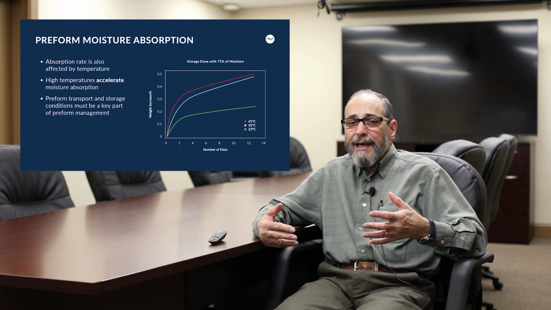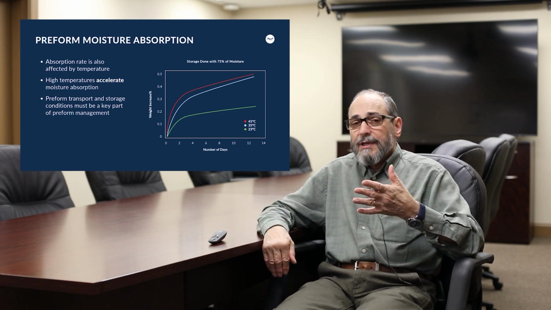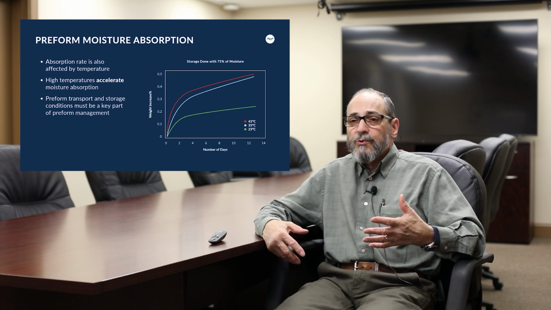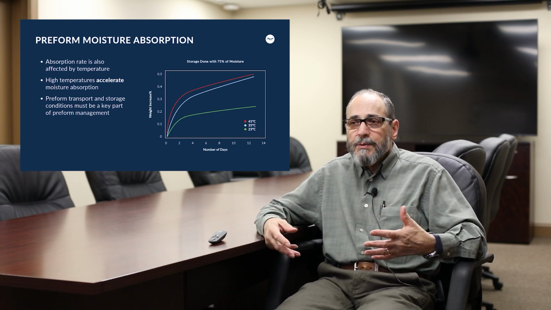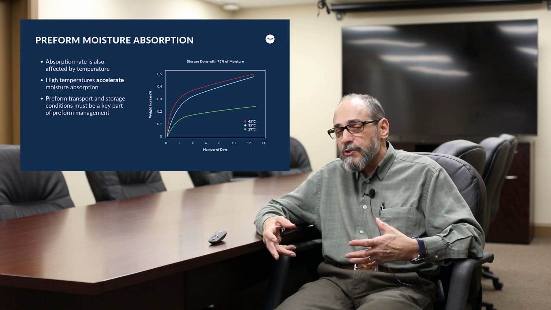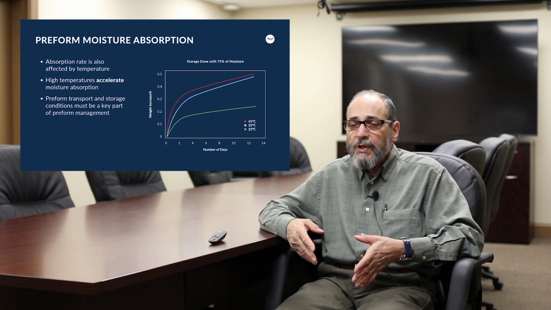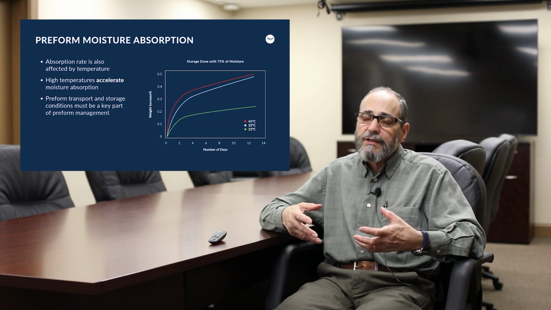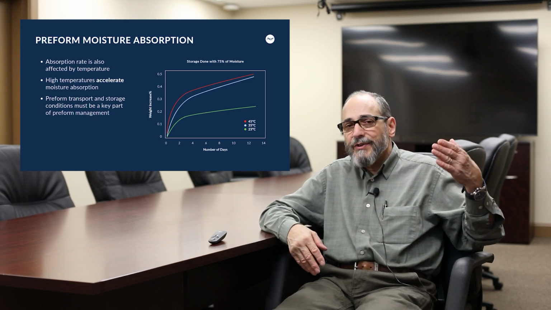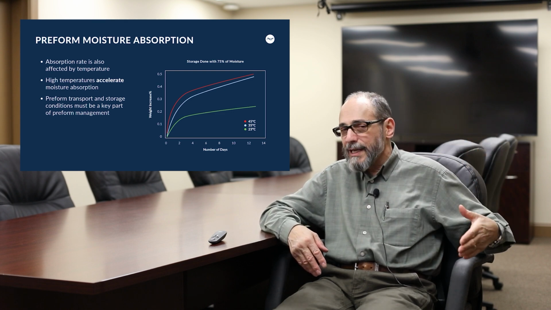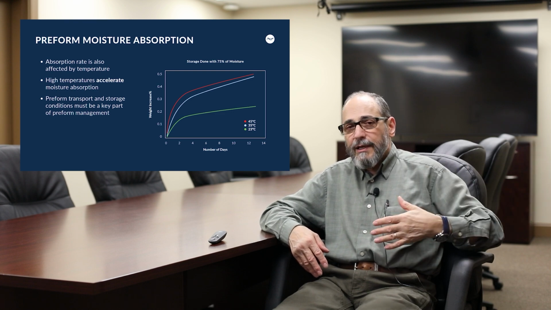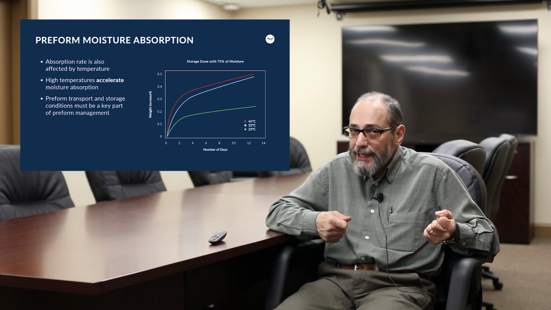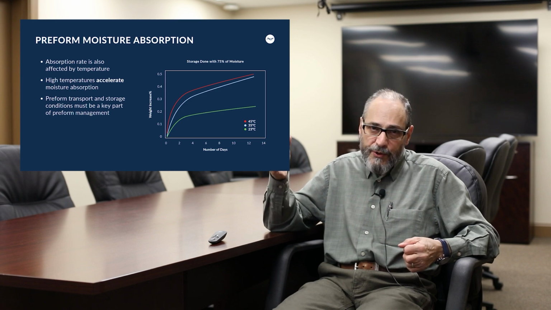So if you're in Asia, this slide applies directly to you, because what do they have? Very high humidity, very high temperature. That means it's going to absorb a lot more moisture in a very short period of time, which again can dramatically affect the bottle process, which will affect how the containers run through the labeler, the filler, the capper, the bundler, and you'll be looking to find out what's wrong with my labeler when it's really what's wrong with your bottles.